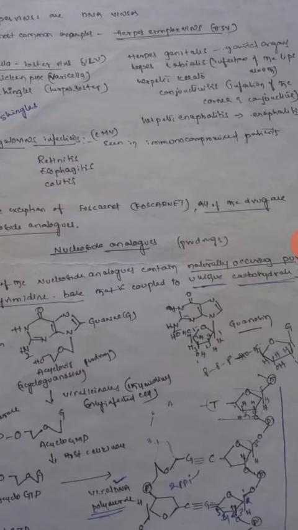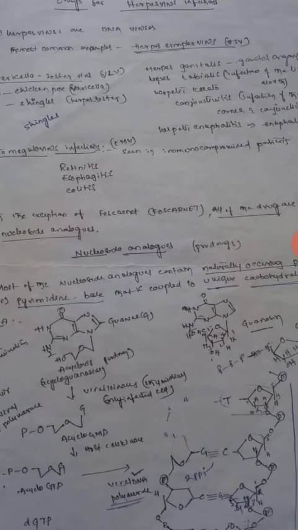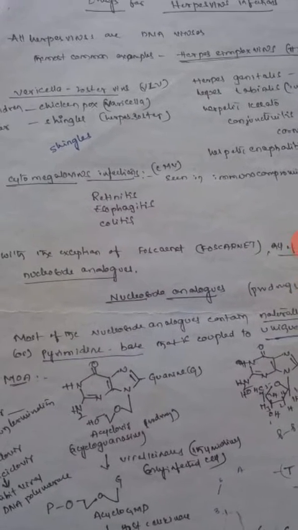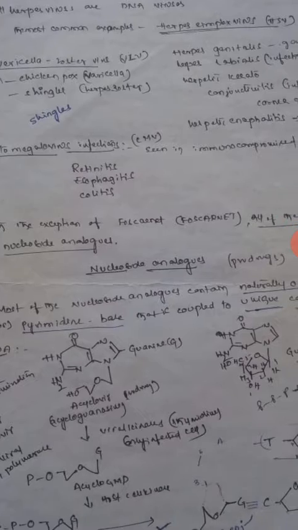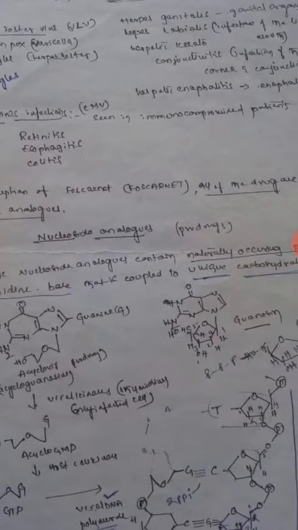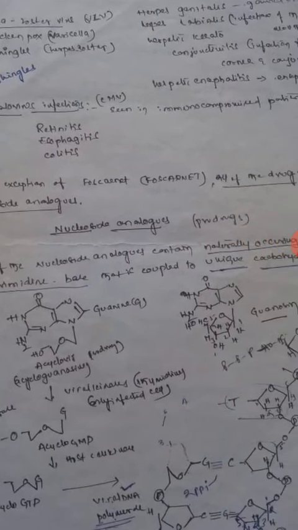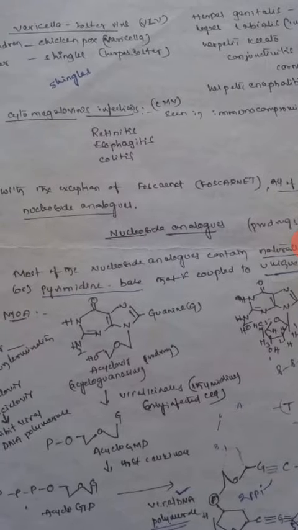So, classification. Majorly, all these anti-herpes drugs are classified into two types. One is nucleoside analogs. The second one is pyrophosphate analogs. For nucleoside analogs, we already know how nucleoside reverse transcriptase inhibitors work. The same mechanism happens in the case of nucleoside drugs used for herpes viral infections.